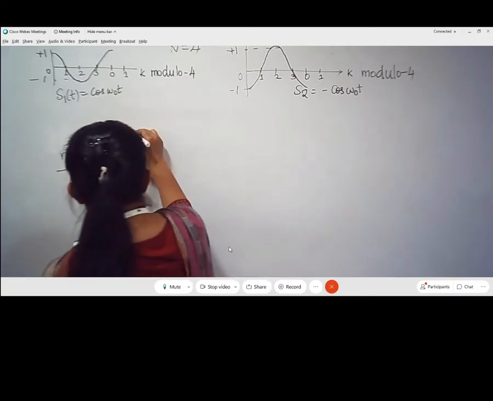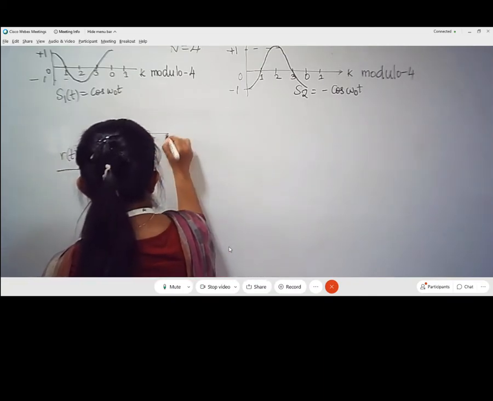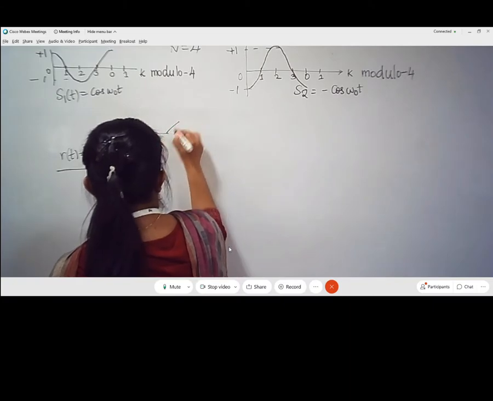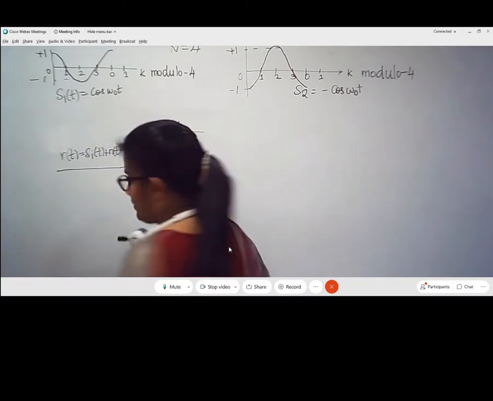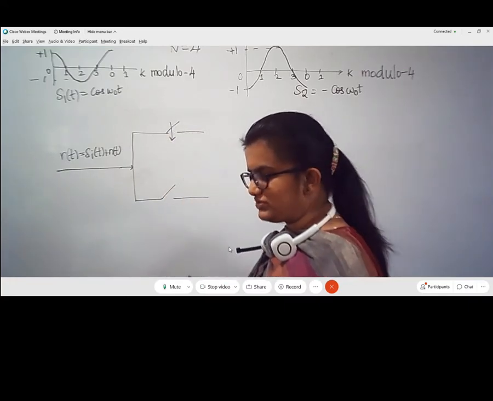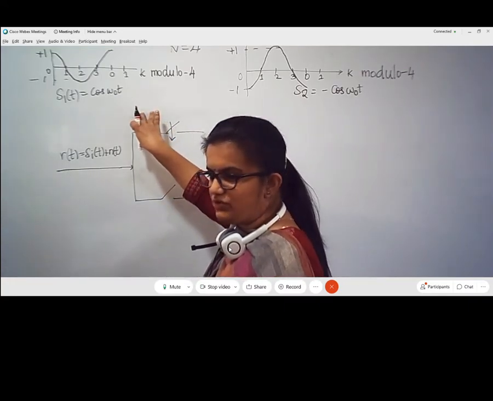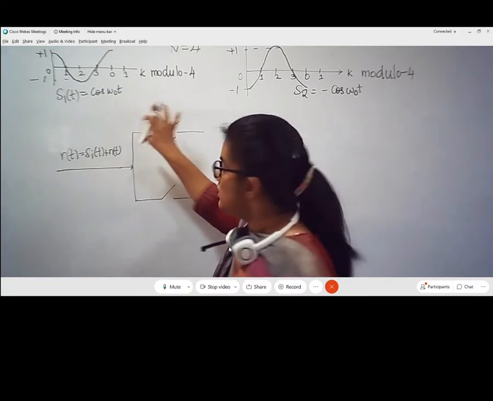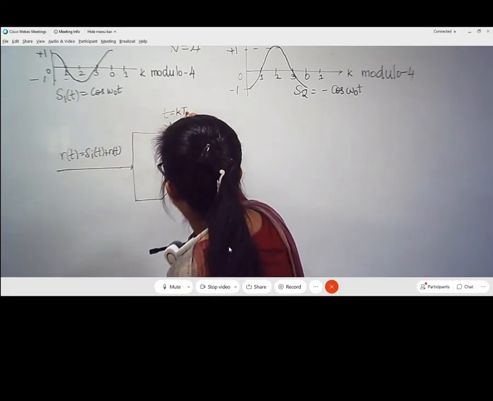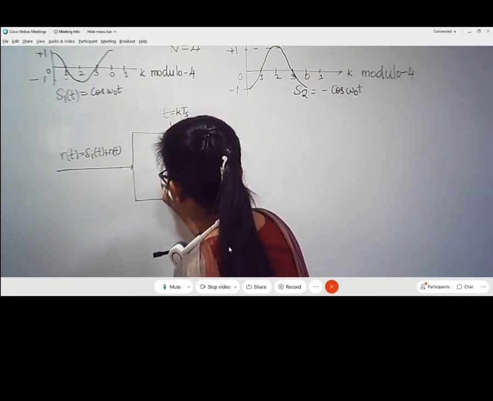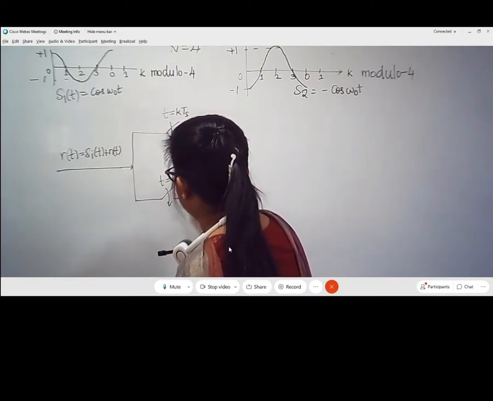I am going to feed this into a sampler because I need to sample this. Of course, there will be a filter over here, but I am skipping that filter part. After the filter, I am directly going to take the samples at k times Ts.